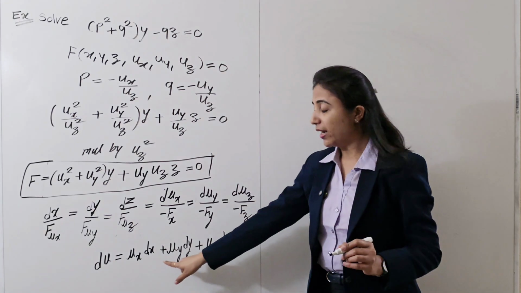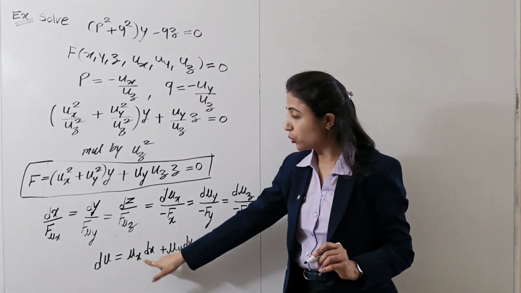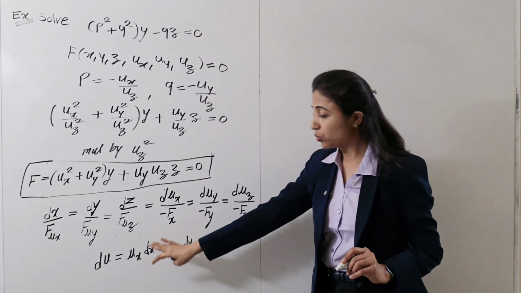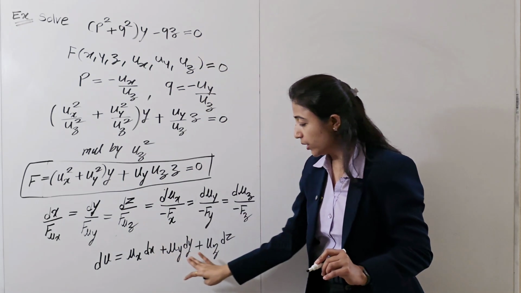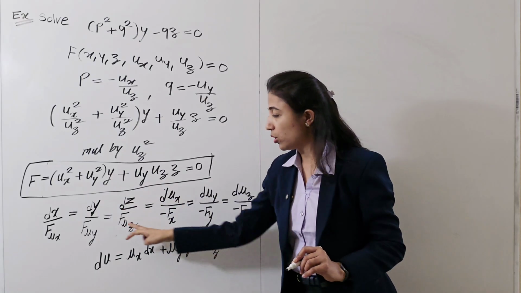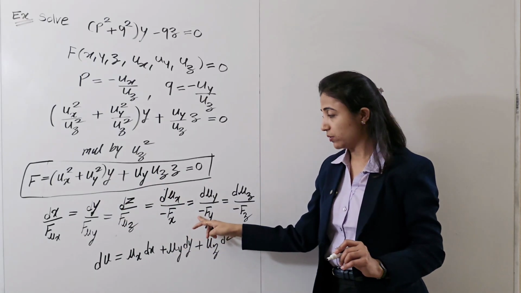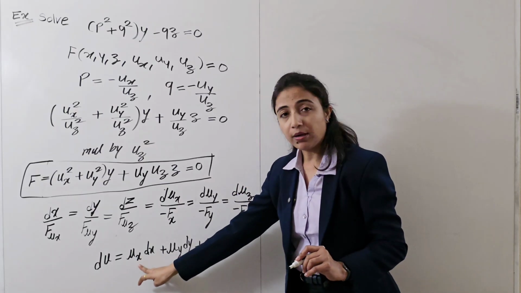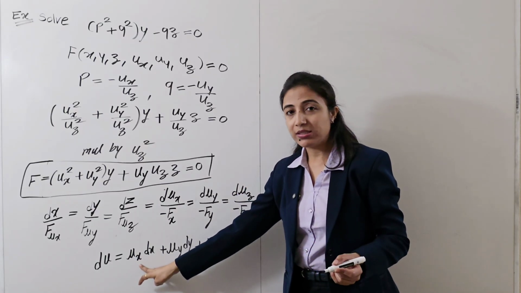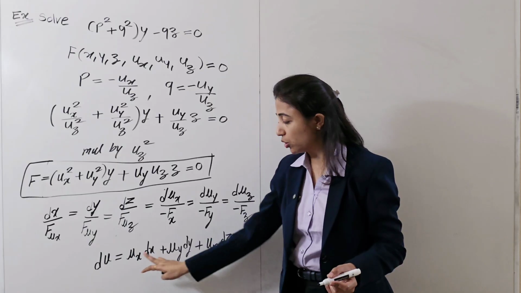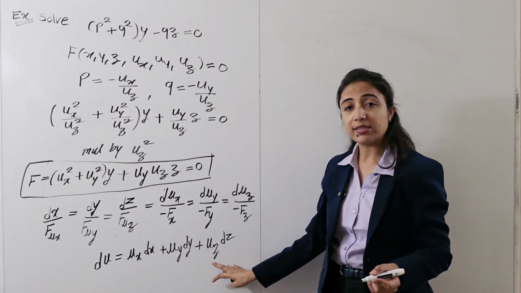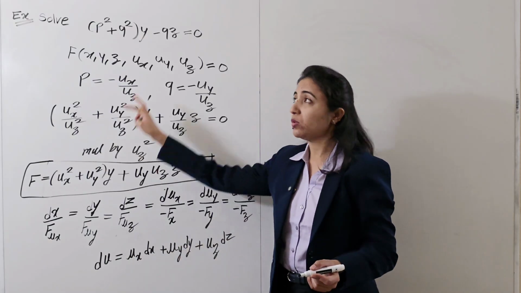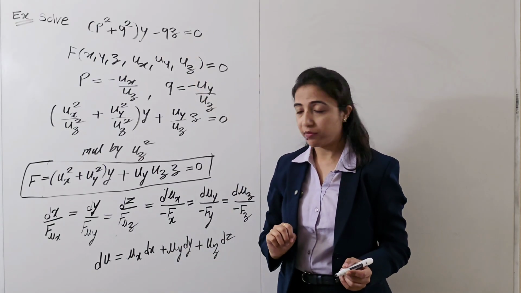So if we integrate this differential equation, you will get the final solution of this partial differential equation. And to find this ux, uy, uz, you have to use this Jacobian auxiliary equation. Once we get ux, uy, uz, we put these values in this term; if it is a constant then it is very easy to integrate. If it is a function of x, this one a function of y, this a function of z, then we can integrate and find the final solution for this partial differential equation.